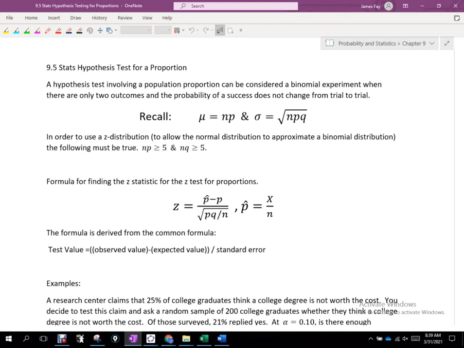I guess we don't even have to remember them; we'll have those formulas for the z working with the proportion in front of us. We fill those components in, and once we get that test value back, we can compare it to critical values or p-values, however we decide to do it. Is that okay? All right, so let's jump right into doing some examples here.